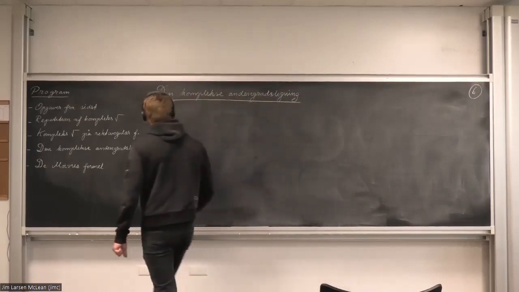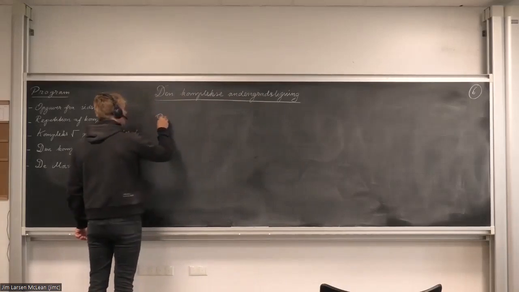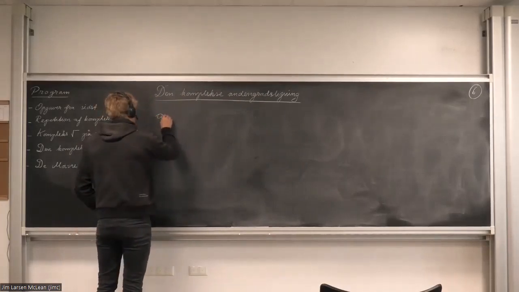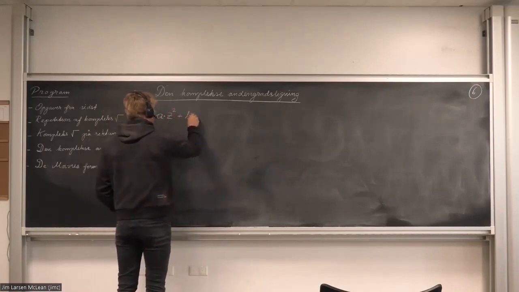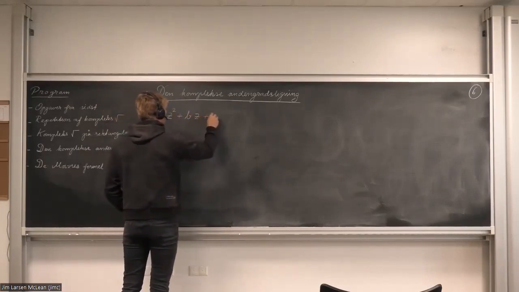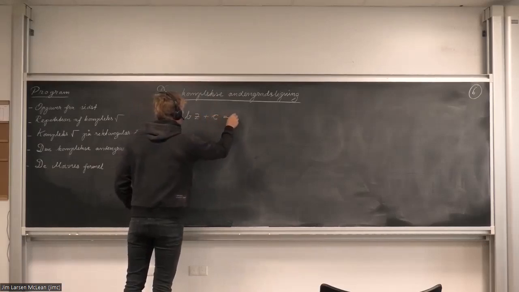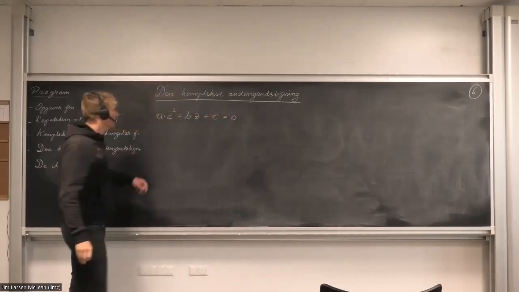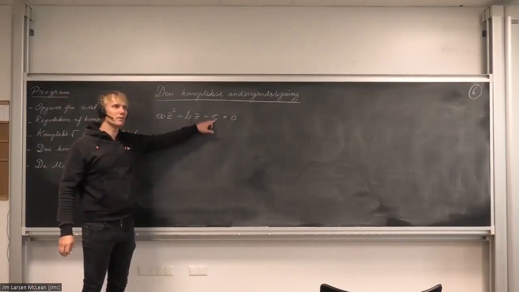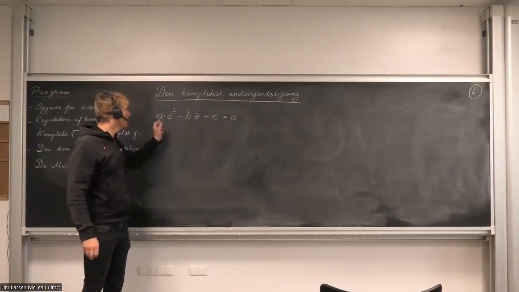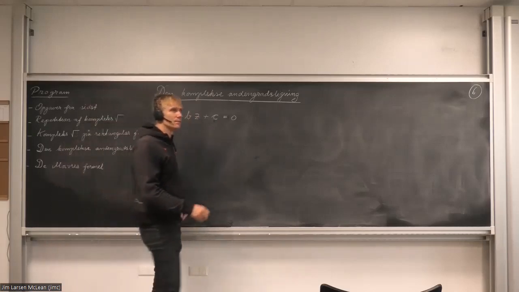And a complex quadratic equation is one that can be written like this: some number a times z squared, plus some number b times z, plus some number c, equal to 0. The numbers a, b, and c aren't what you need to find. You'll receive them on the day you're tasked with solving such an equation, and they could be arbitrarily complex.